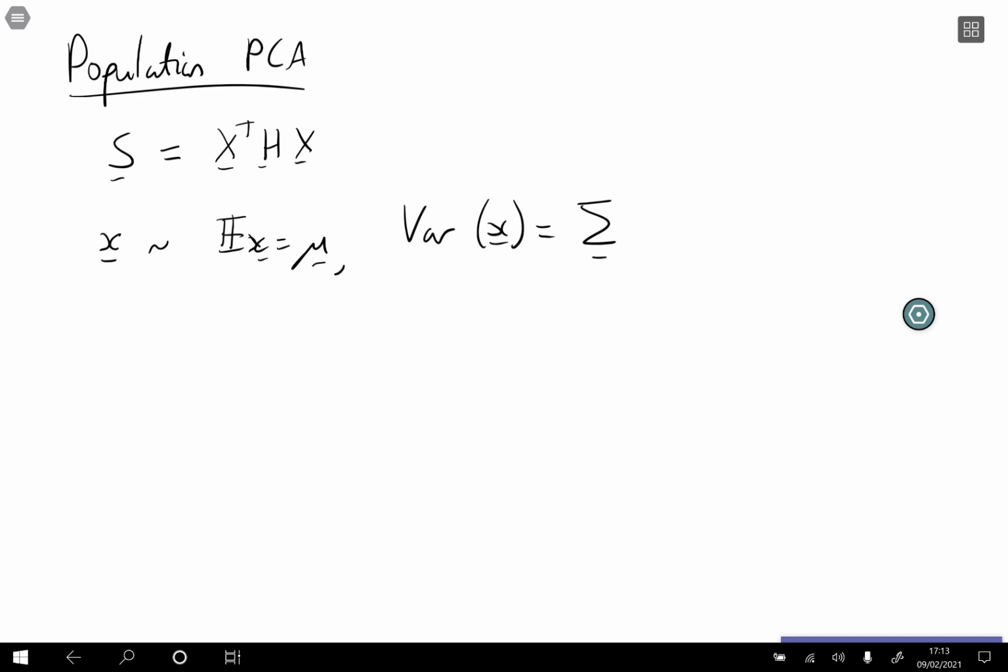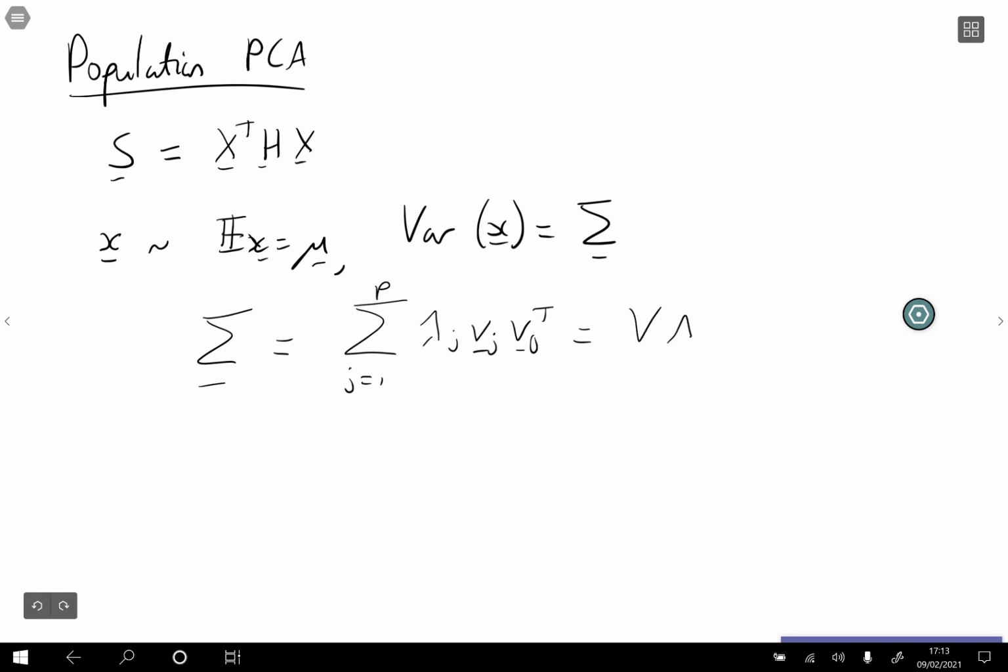Now there's a version of PCA that instead operates on this covariance matrix. So if we write down the spectral decomposition of the covariance matrix sigma, this is going to be the sum, apologies for the two sigmas here, but this one's a sum, from j equals 1 to p of lambda j v j v j transposed, or in the notation we had before, V gamma V transposed.